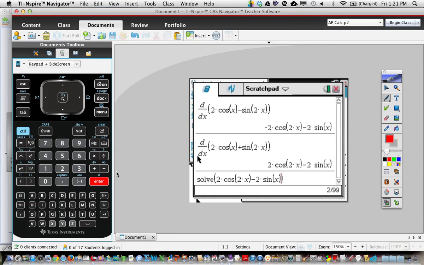So we go solve. I went up and pasted in my derivative right here. You could just hand type it in if you did it by hand. I got to put in the equal 0. I got to put in the comma x. And then I go to the outside of the parenthesis. So you've got to put the equal 0 and the comma x all inside the parenthesis.